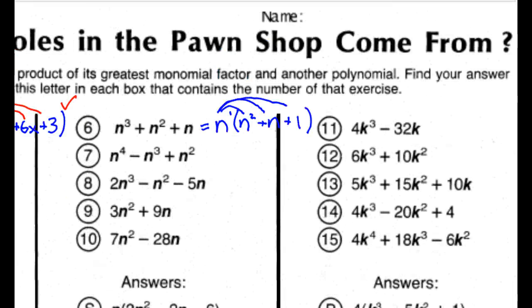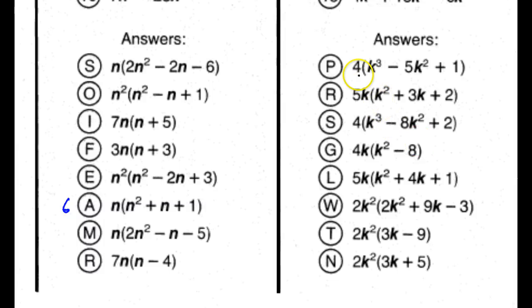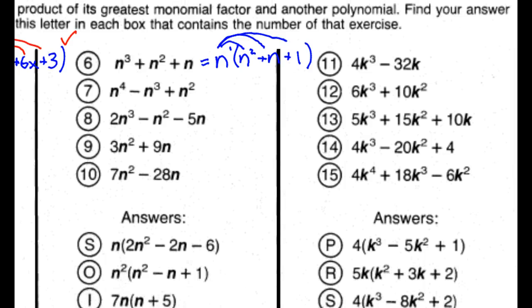And lastly, third column, you look at the answers, you see you can have a number and a variable. So the first column, we just took out a number. Second column, it's mostly just variables, but there's also some numbers to take out. The third column is about putting them together and taking out both. So what number goes into 4 and 32? 4. And they both have a variable in common, which is k.